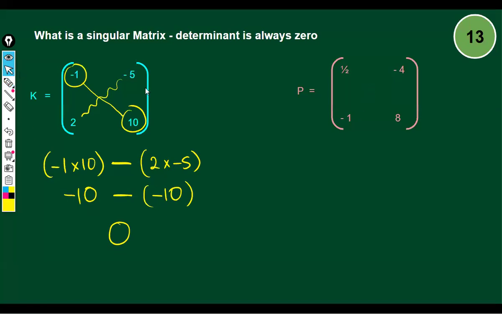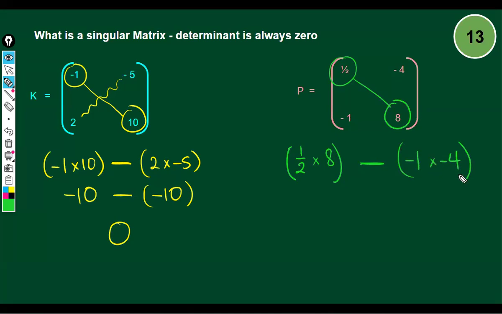Okay. Is the next one a singular matrix? And I put a fraction there just to kind of freak you out, but I hope it didn't freak you out too much. Don't let fractions get to you. It's a regular boring number. To find the determinant, multiply the main diagonal first. A half multiplied by 8. Must put a minus sign after. And then minus 1 multiplied by minus 4.